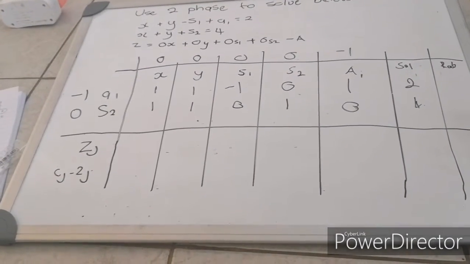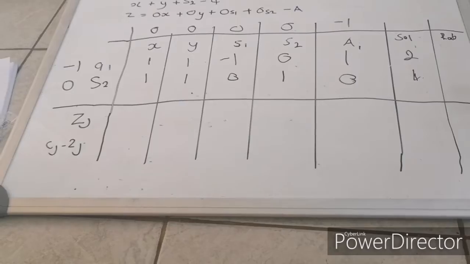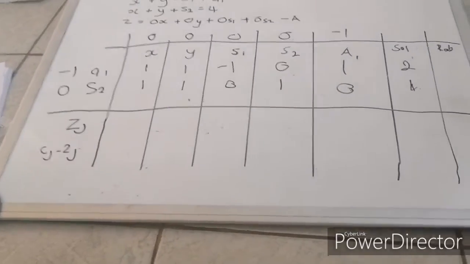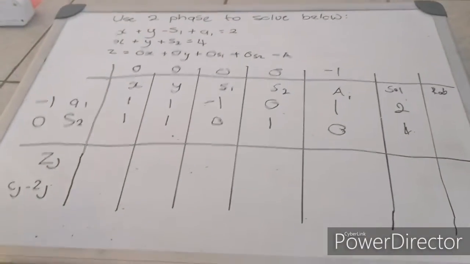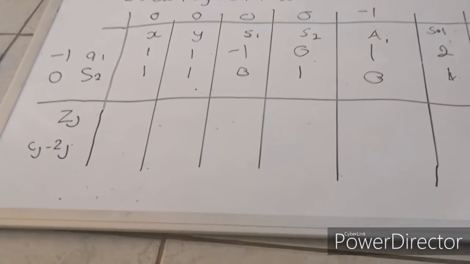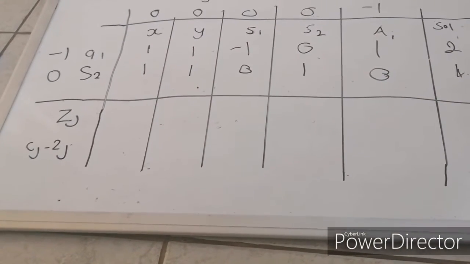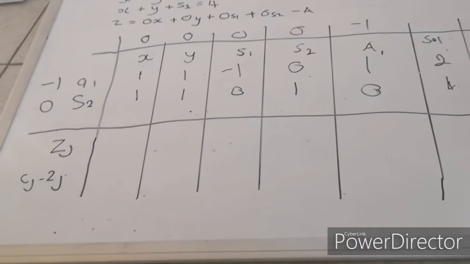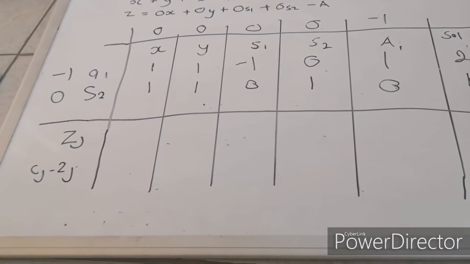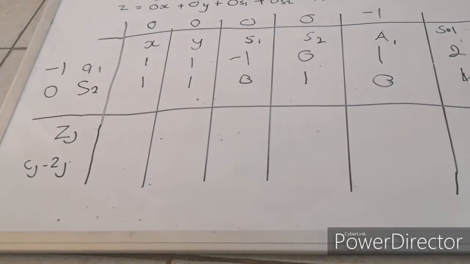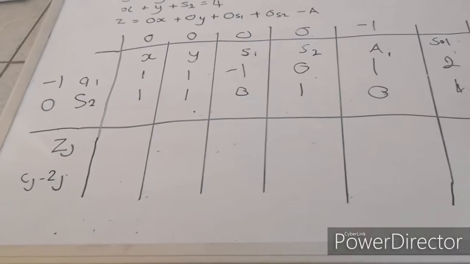Okay, so now our aim is to get Zj, or this column here. To do that, we would have to take our artificial variable, times it by the bases in the table, and add it to S2.